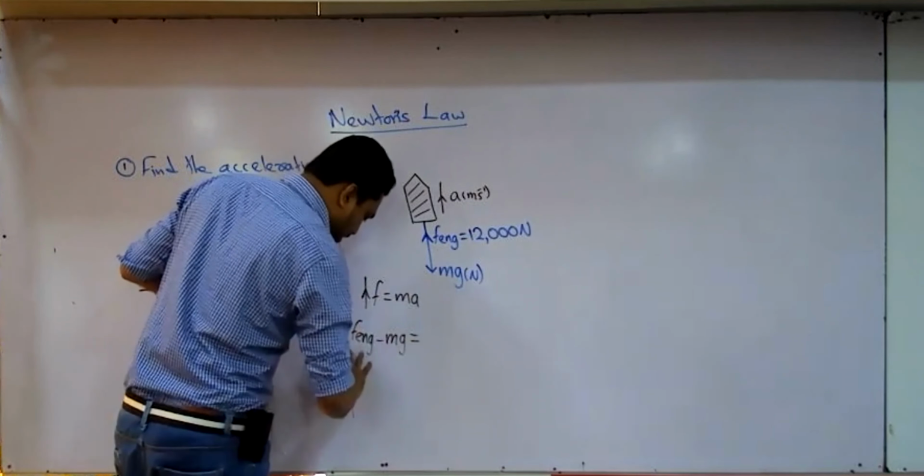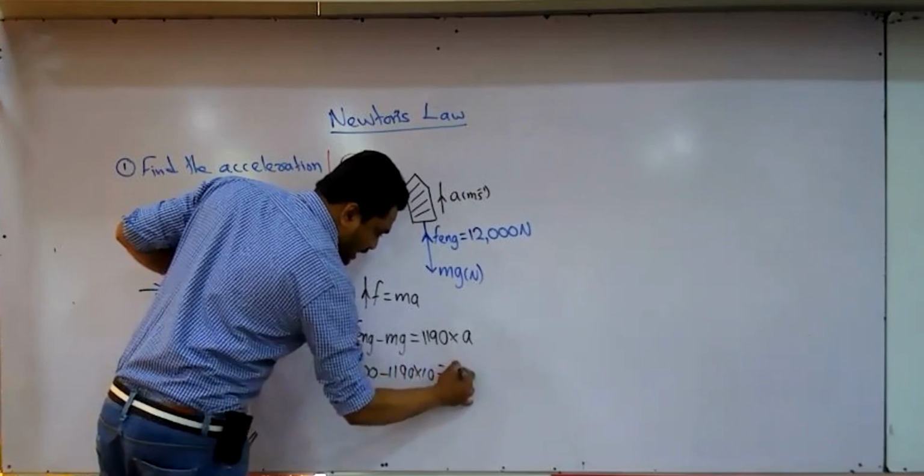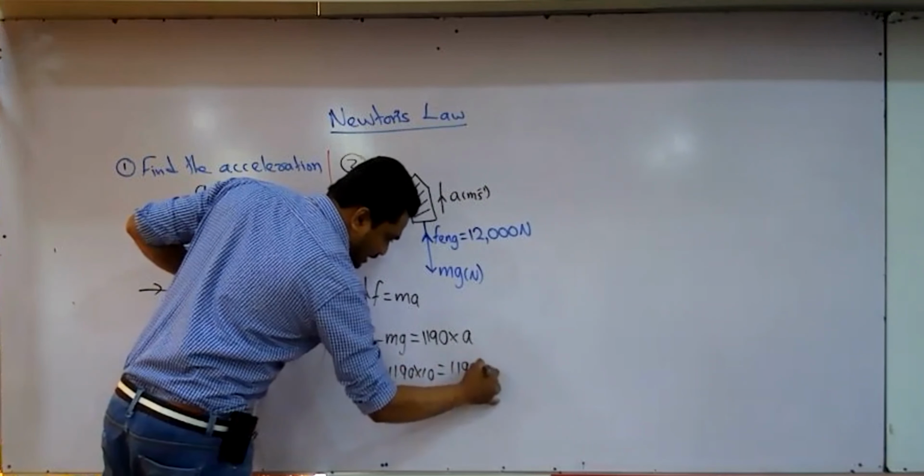Mass of the rocket is given as 1,190 and I will find what the acceleration is. Am I right here? Correct or wrong? Force given by the engine is 12,000. Mass is 1,190. g is 10, equals 1,190 into a.